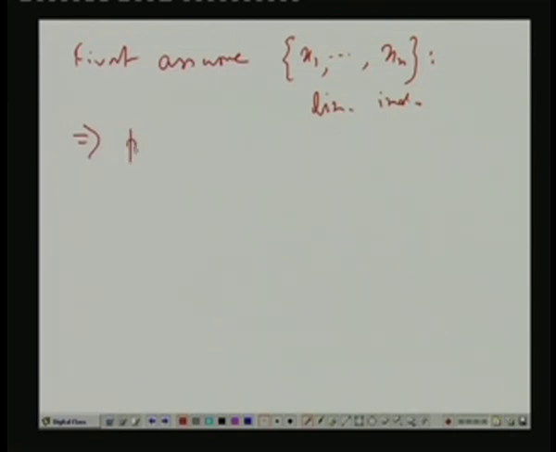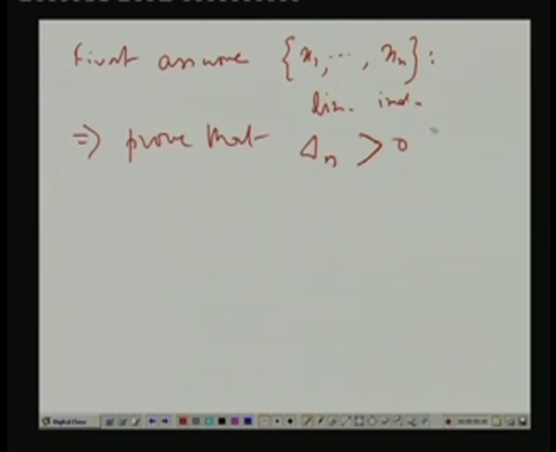Then we prove that delta n is strictly greater than 0. Then we go for the case where this set is a linearly dependent set, and there we will show that delta n is actually 0. It is not necessarily strictly greater than 0, it can be 0 also. When it is linearly dependent, delta n is actually 0.